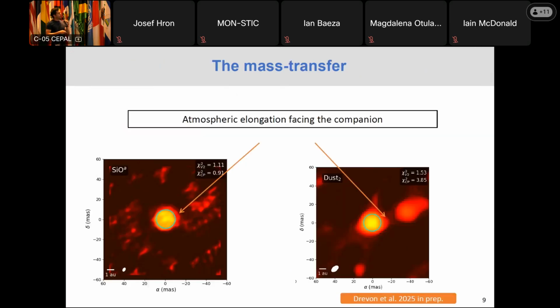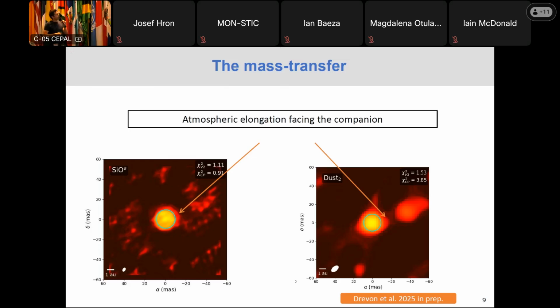So this wind Roche lobe overflow is divided into different steps. The first step is that the molecules form close to the star, so you have an elongation of the atmosphere in the direction of the companion. We have this extension visible in the direction of the companion in L band, for the molecules but also for the dust, which is consistent.